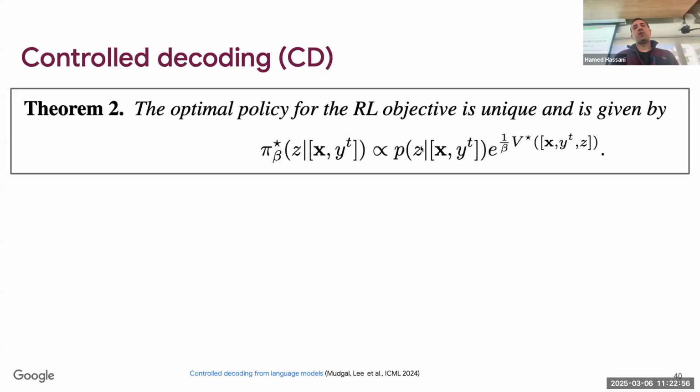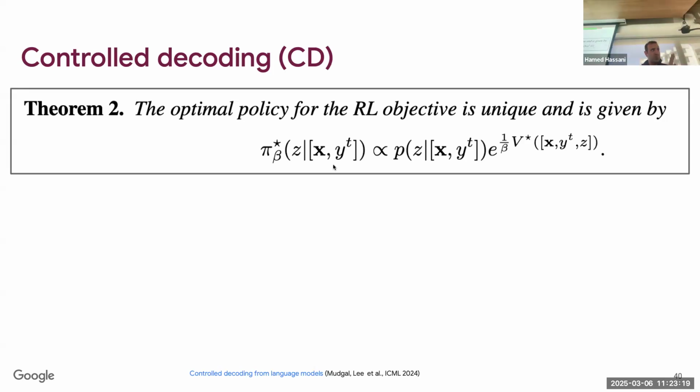I can take these two distributions, combine them, and normalize it. Why can I normalize it? Because this is a distribution over the next token. Again, remember the alphabet size is 10,000 or 100,000, so this is something that we can easily do. We can normalize and then sample from this distribution.